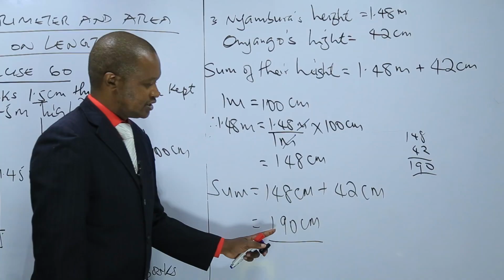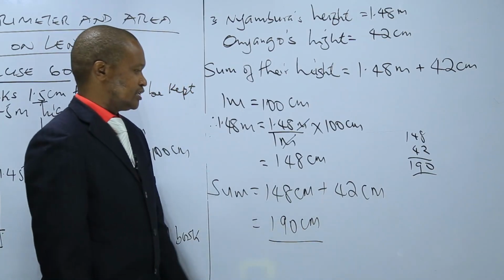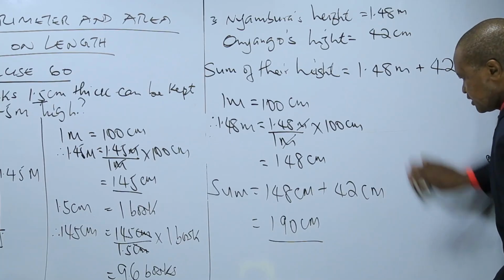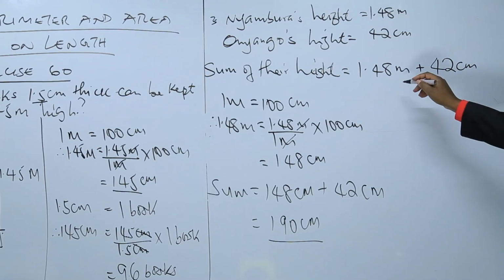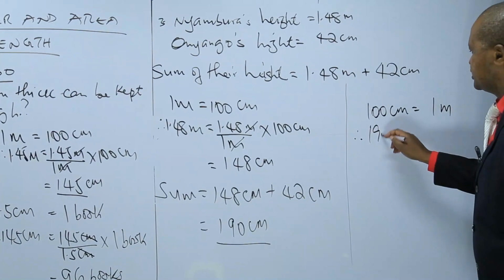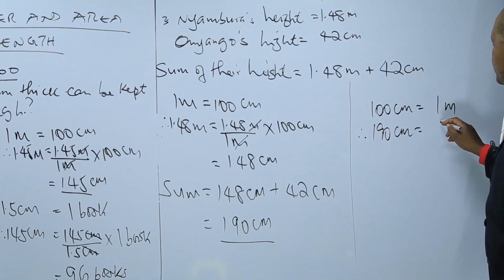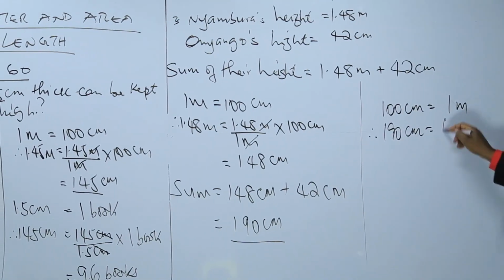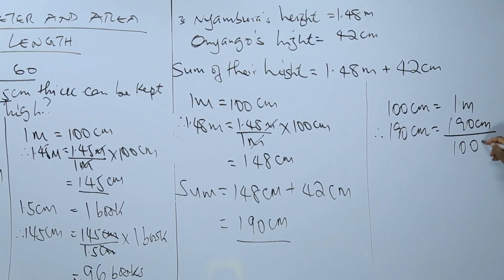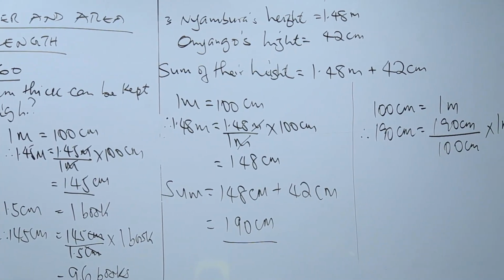You simply convert 190 centimeters into meters. We can still express the sum of their height in meters. We know that 100 centimeters is equal to 1 meter. Therefore, 190 centimeters will be equal to how many meters? This will be 190 centimeters divided by 100 centimeters times 1 meter.